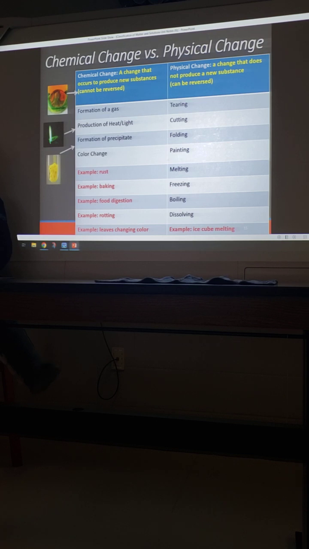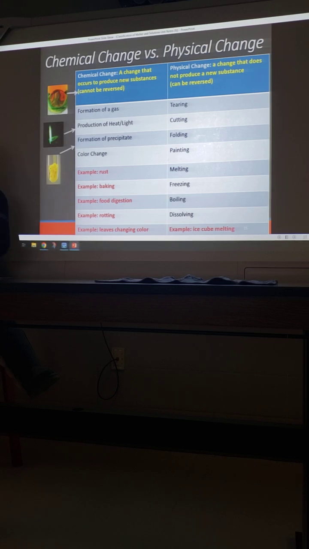I have Crystal Light, so that's what I'm going to use, pink Crystal Light, and we're going to dissolve the powder into the water. I'm going to boil it off, and if it was a chemical change, when the water boiled off and evaporated, it should take the powder with it.